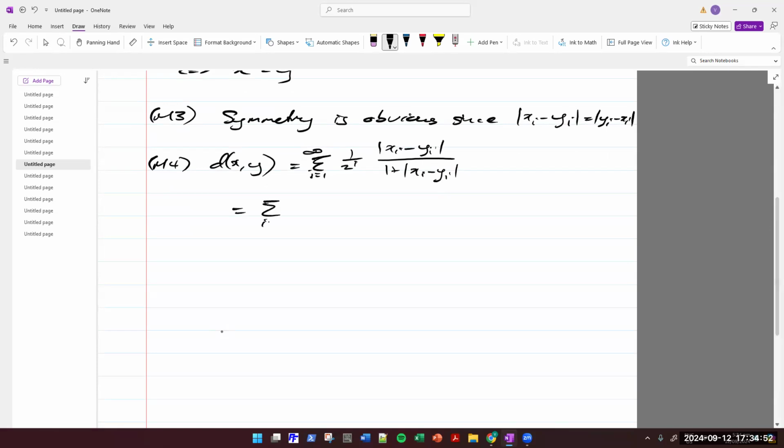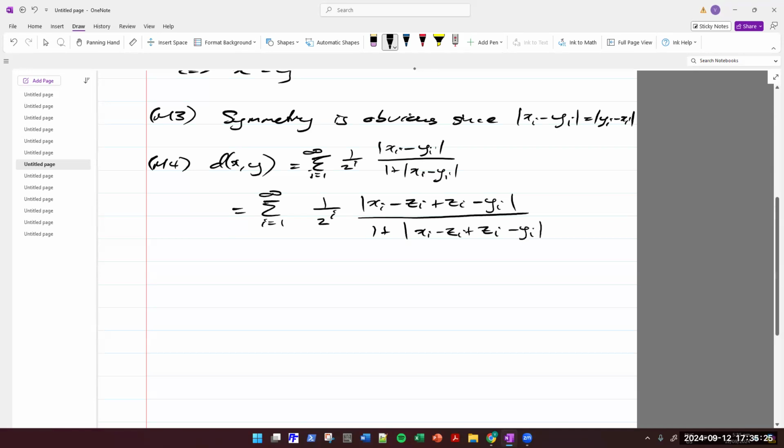So z will be another sequence. And again, these sequences could be unbounded. It doesn't matter. So xi minus zi, then I add zi minus yi, and I need to do the same thing below as well: xi minus zi plus zi minus yi.